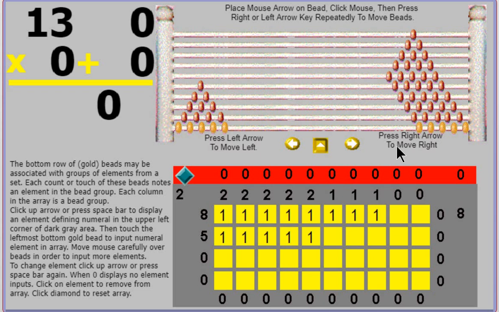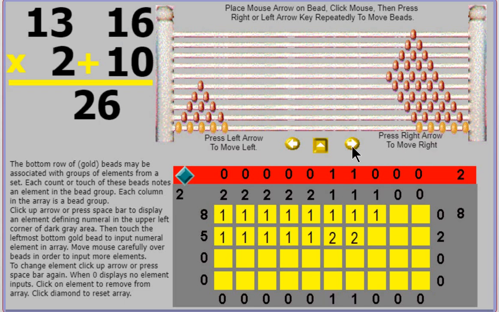Now, if I want to continue, I now have changed my defining numeral to 2, and I can continue, say I continue with 2. And push those out.